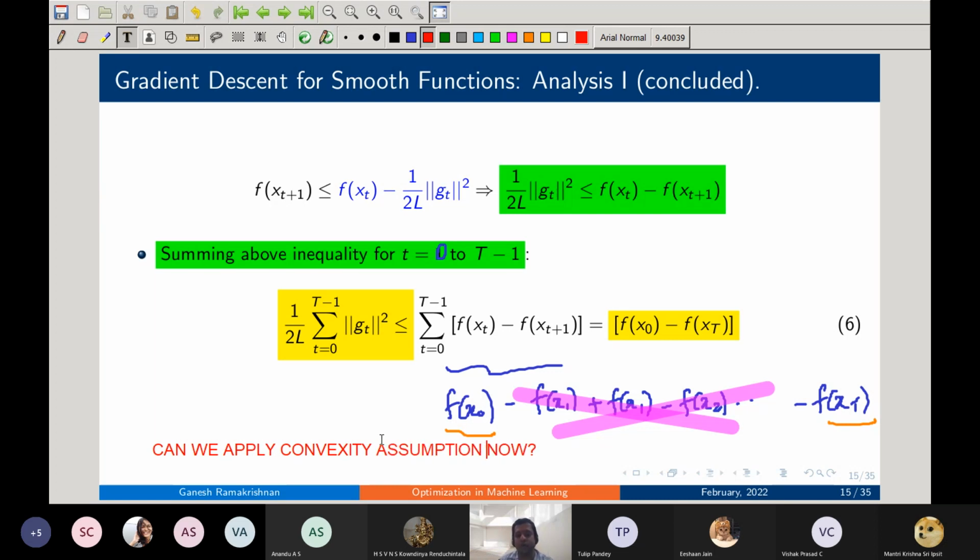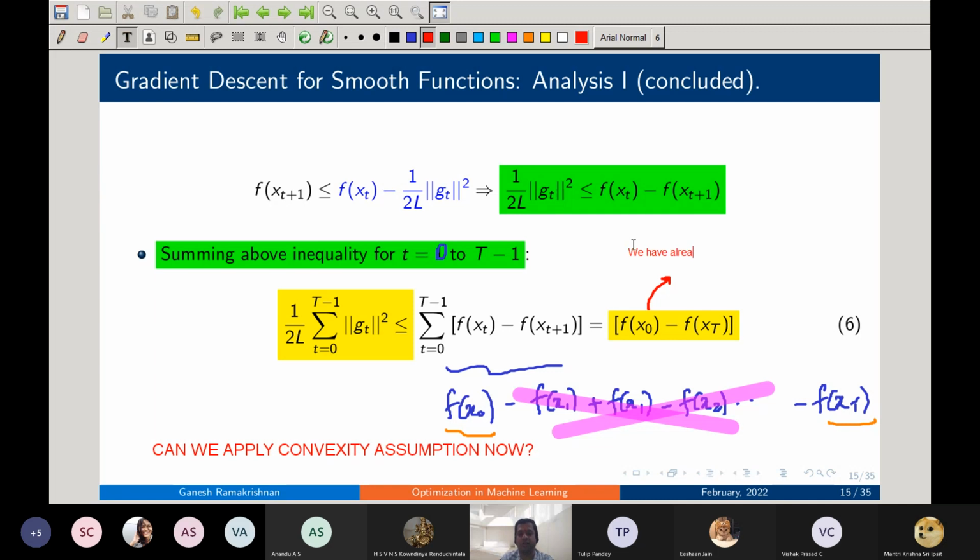So without convexity, we can go so far. We can say there's sufficient decrease, and this is all without convexity. We are saying that there's a sufficient decrease: f of x0 minus f of xt is at least the sum of all the gradient squares, right? So we have made sufficient decrease using Lipschitz continuity.